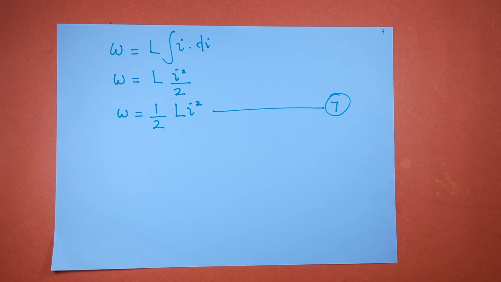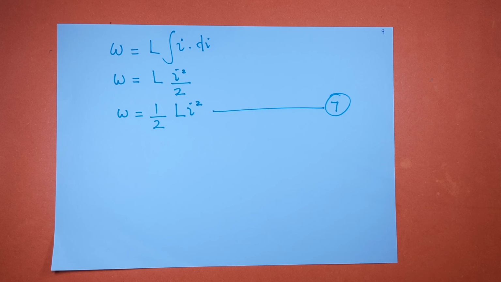So W equal to half L i square. This is the equation that represents the energy stored in an inductor. For a capacitor, it is half C v square. For an inductance, energy stored is half L i square.